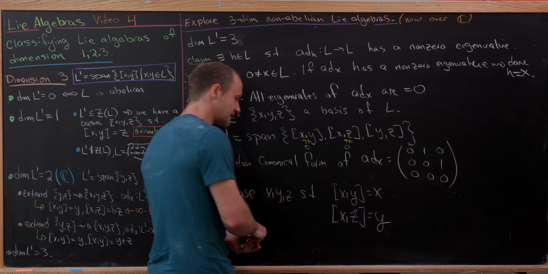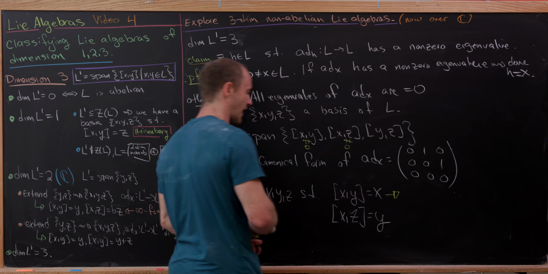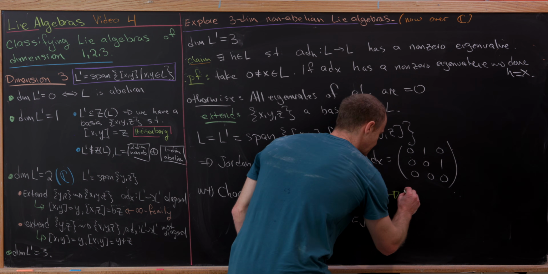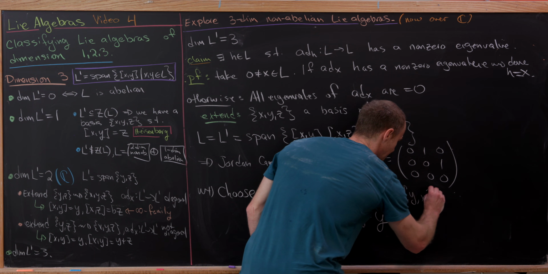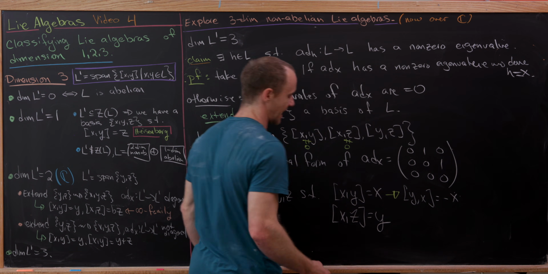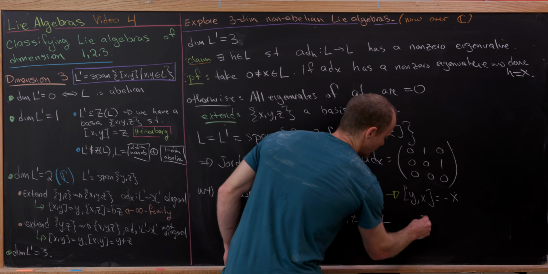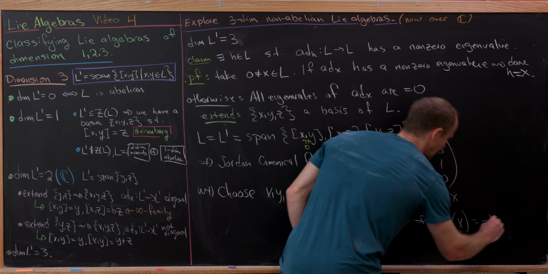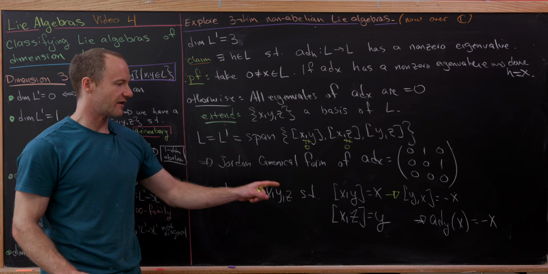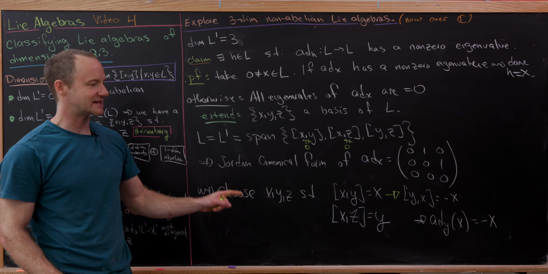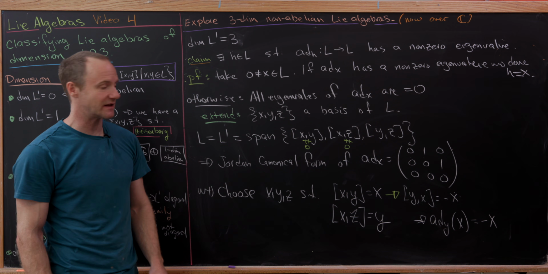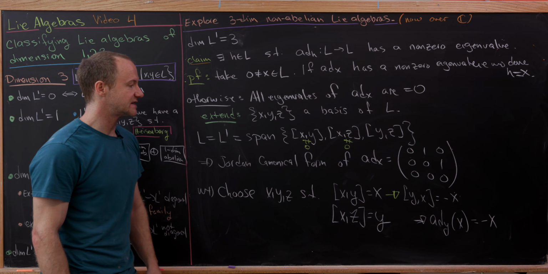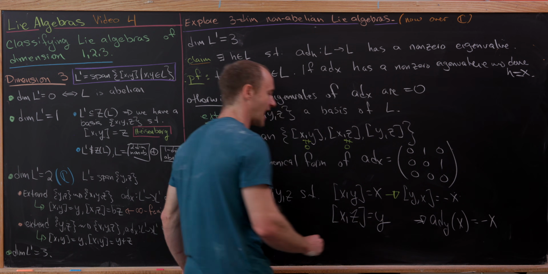Okay, but now let's look at this first formula, this bracket [x,y] equals x, and note that we can rewrite this as bracket [y,x] equals negative x. Oh, but then we can write that as ad y on x equals negative x. That means that ad y has an eigenvalue of -1 corresponding to the eigenvector x.